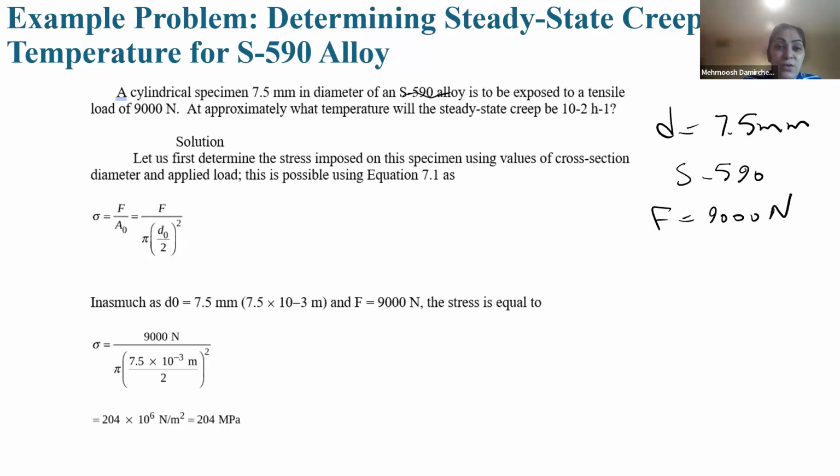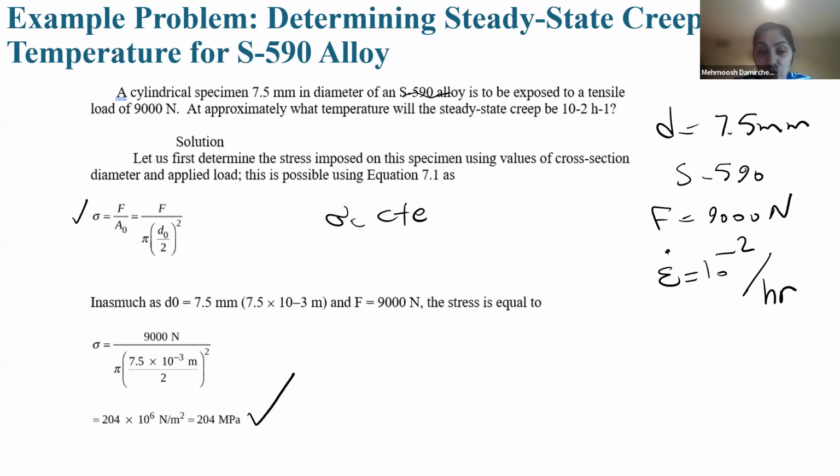At approximately what temperature will the steady state creep rate be 10 to the minus 2, so epsilon dot should be 10 to the minus 2 per hour? Okay. First, we need to find the stress. This stress is constant, and it is F per cross-section area. The cross-section area is pi r squared, or pi times d over 2 squared. We substitute that and we find sigma equals 204 megapascal.